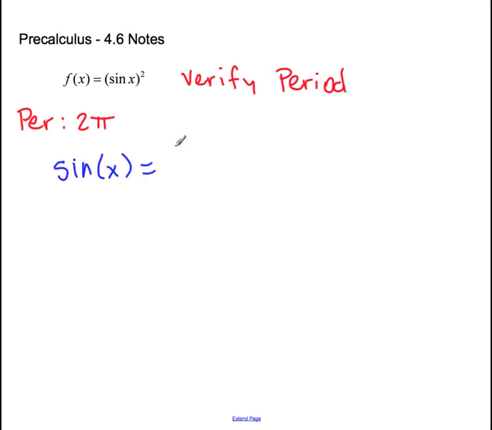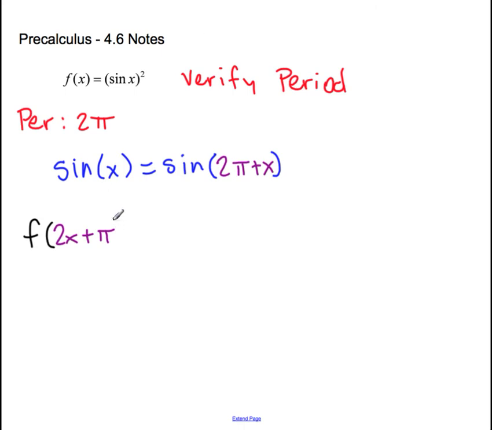We would say that's equal to the sine of 2 pi plus x, because no matter where we go on our unit circle, we can add 2 pi to that and we'll wind up right back in the exact same spot. So we're going to use this information right here and count it as true. And so what we want to do is look at this function f of 2 pi plus x.